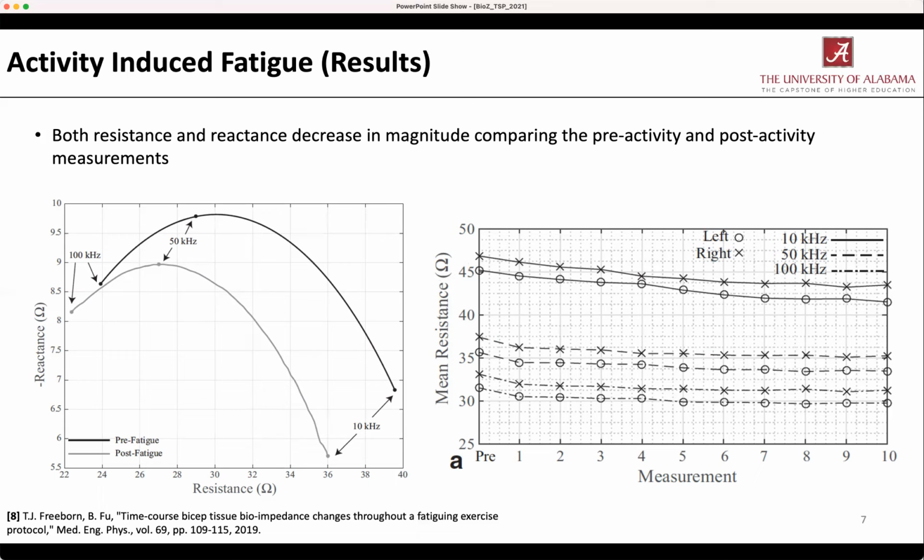Thinking physiologically about what this means as a tissue is exercised, there is an increase in the amount of blood flow to that region. There is actually sometimes an increase in the fluid based on tissue swelling, depending on how much activity there was. If we increase the amount of fluid in a region of tissue, we've increased the number of charge carriers in that region.